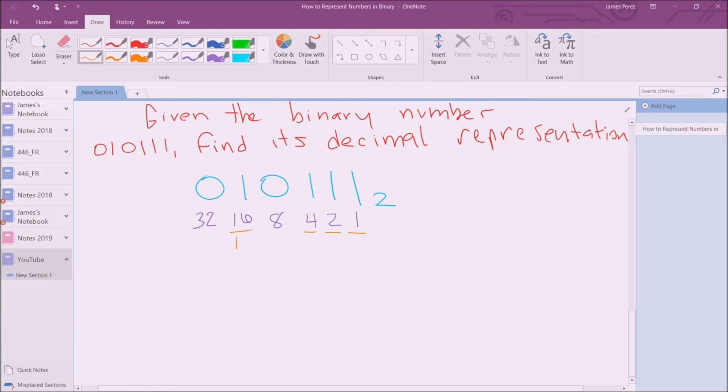Wherever there's a 1, whatever that number is from the gray code, you add it. So plus 0 because there's nothing here, nothing here. There's a 4 right here, plus 4, plus 2, plus 1. So 16 plus 4 plus 2 plus 1, that is 23. So 23 is our number in decimal.